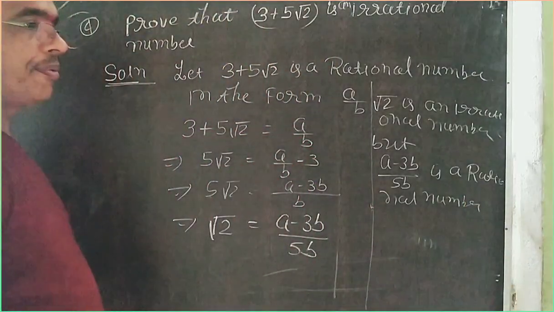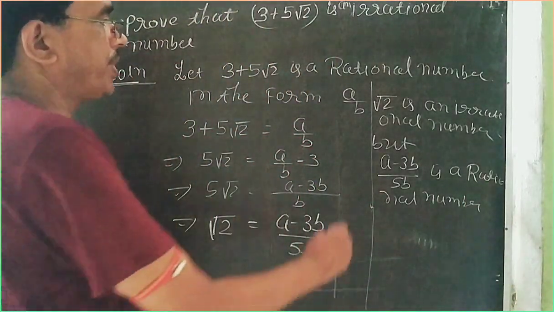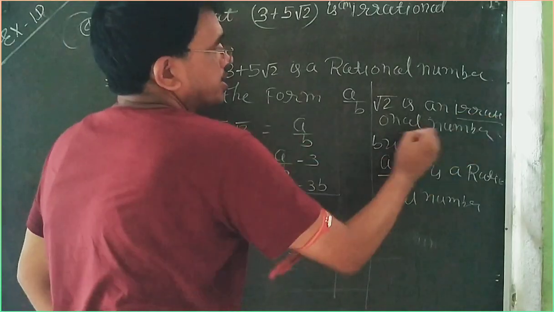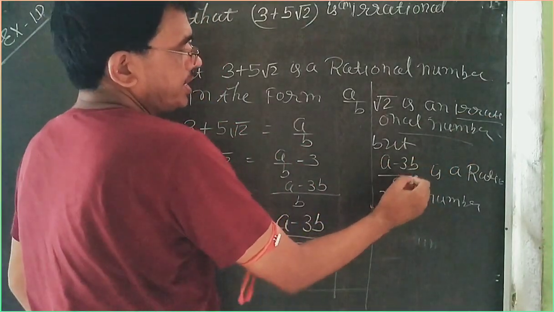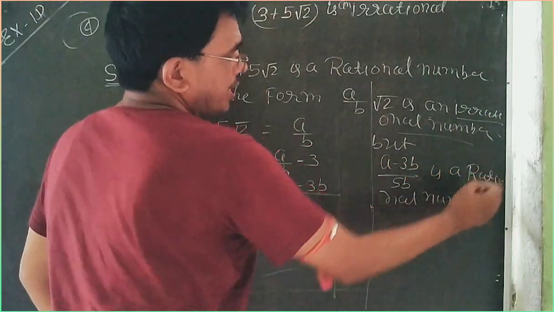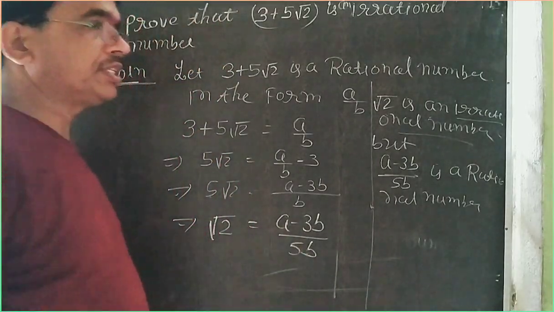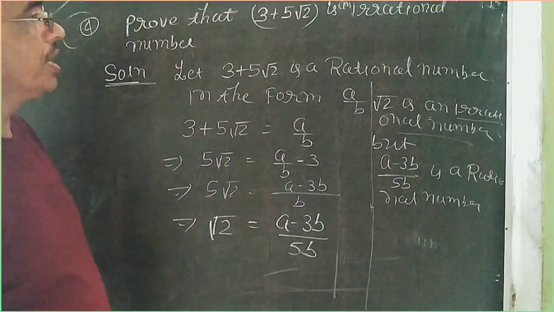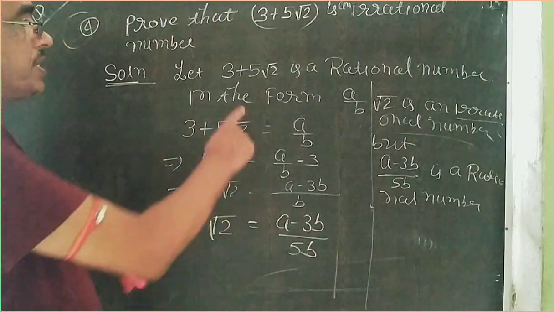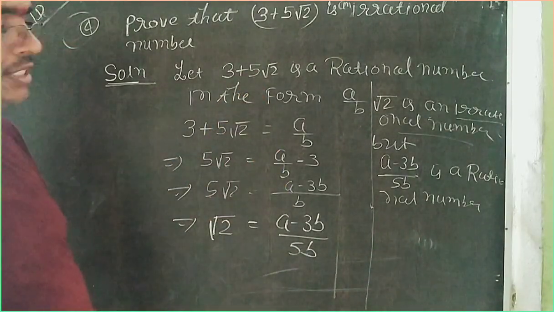Hence, our supposition is wrong because root 2 is an irrational number, but (a minus 3b) by 5b is a rational number. So our supposition is wrong. Hence, it is clear that 3 plus 5 root 2 is an irrational number.